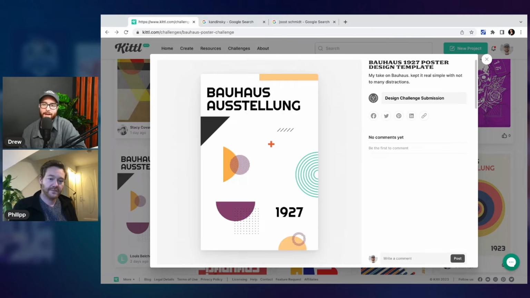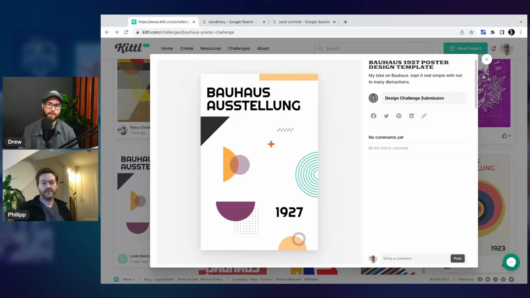Yeah, and that's the only thing on my mind, because I really like the layout. It's also very web-designy, which we were talking about earlier. There are a lot of components from Bauhaus in UI design, especially nowadays.